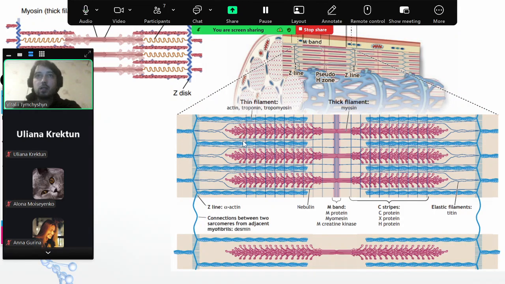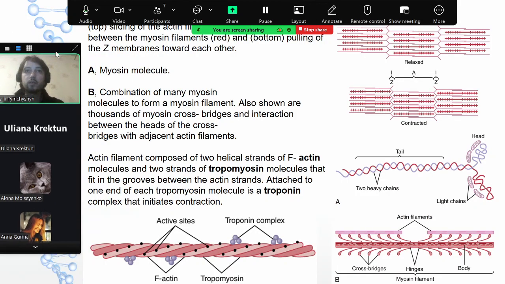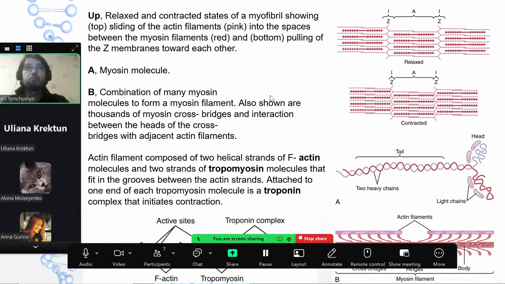All these heads are moving, cycling between states when they are bound to the thin filaments and when they are released from the thin filaments. Here are a bit more details regarding that mechanism.